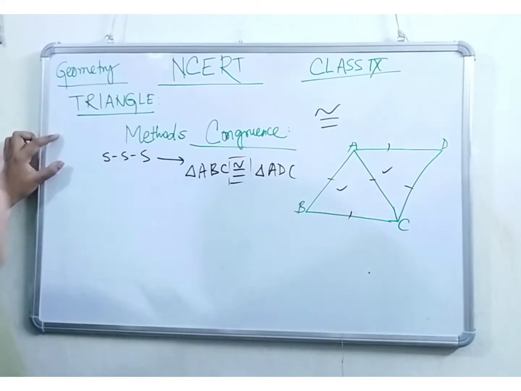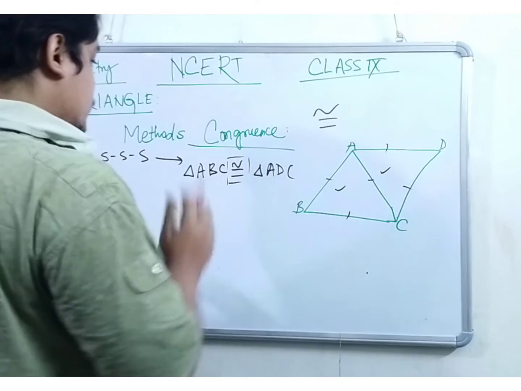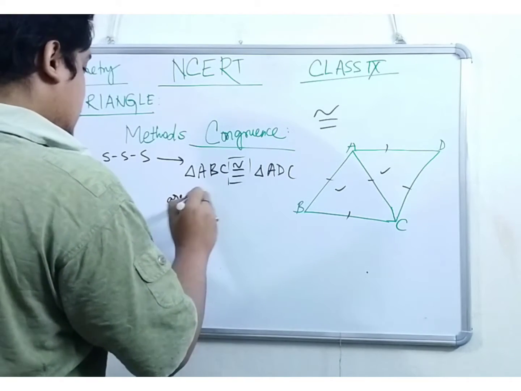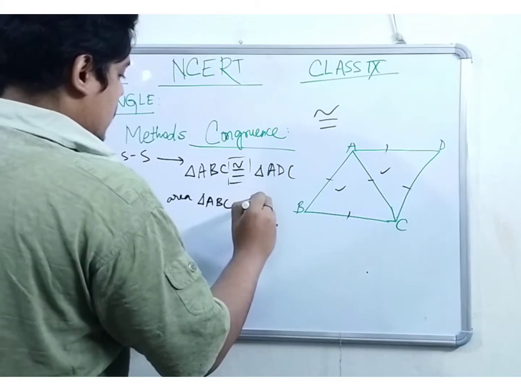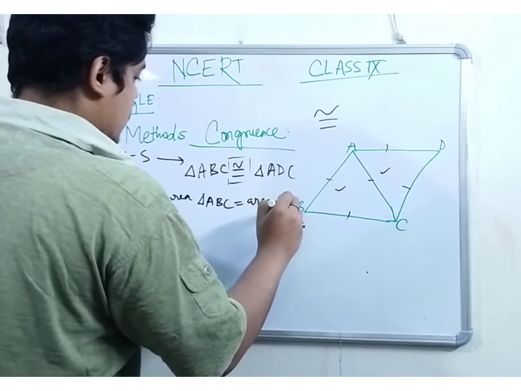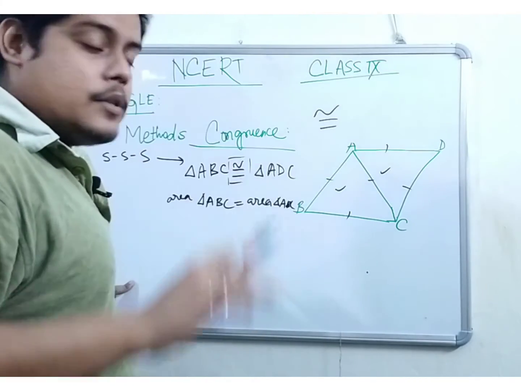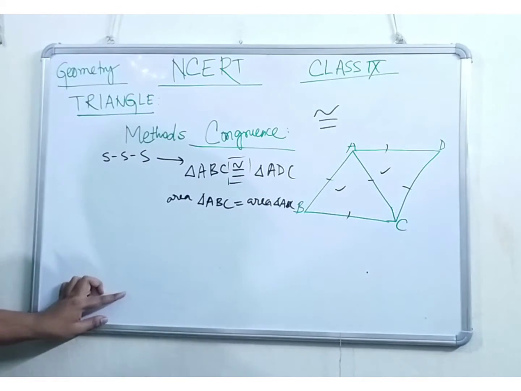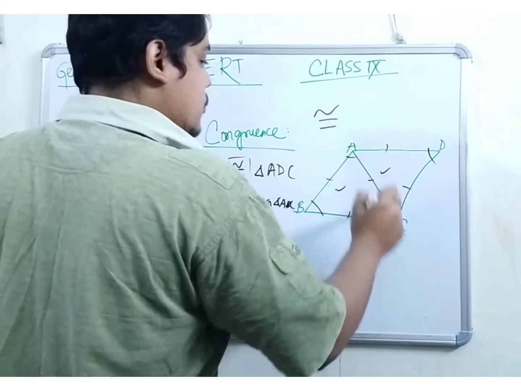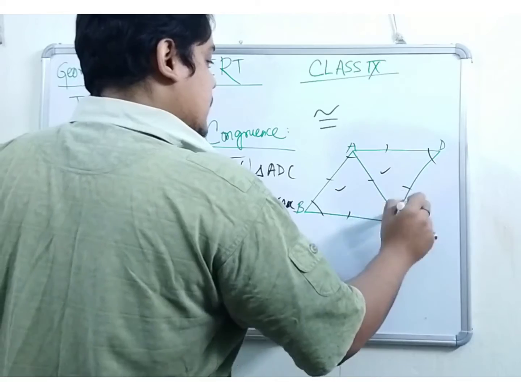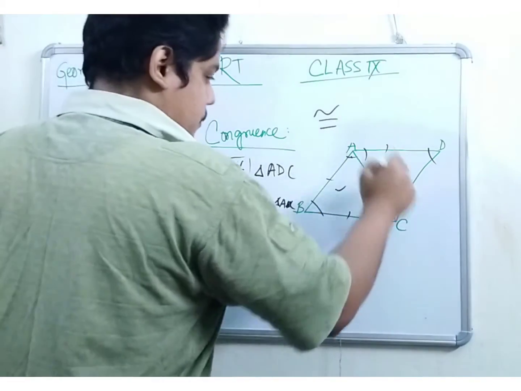What does it imply? If the two triangles are congruent, two things happen. First of all, the areas of these two become equal. Second, all the other things become equal. All the other things means the angles will become equal. Like these two angles will be equal, these two angles will be equal, and these two.